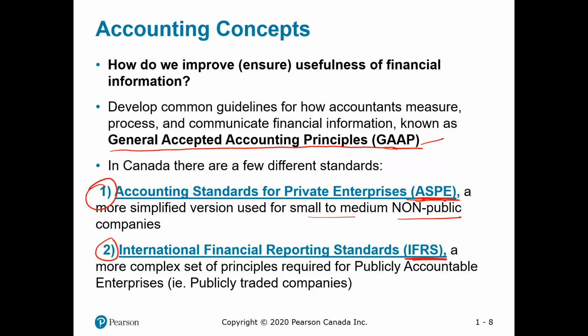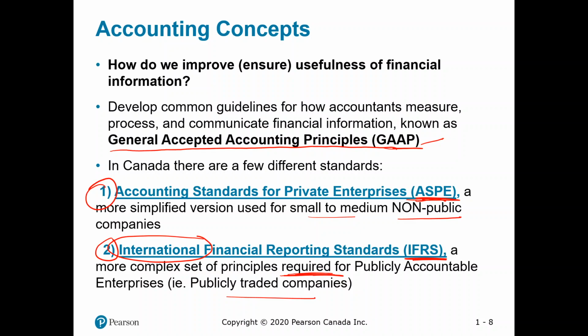International Financial Reporting Standards is allowed in Canada, but it is internationally recognized, so it's globally recognized. And this is required for all publicly traded companies, so companies whose shares are available on stock exchanges like the Toronto Stock Exchange or the New York Stock Exchange. Those publicly traded companies must use IFRS.